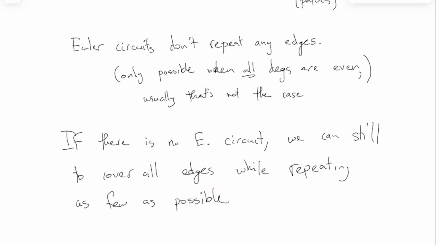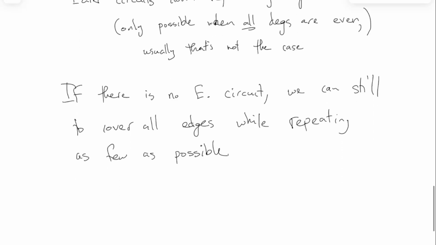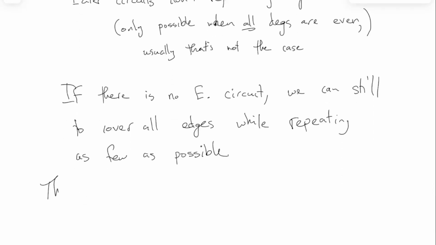All right? This is sort of the best you can do if you're the snowplow guy and no Euler circuit is possible. You're still going to think about how can I drive the best possible route, which would be minimizing the duplications, all right? This is called a minimum duplication circuit, which is the name of this topic.